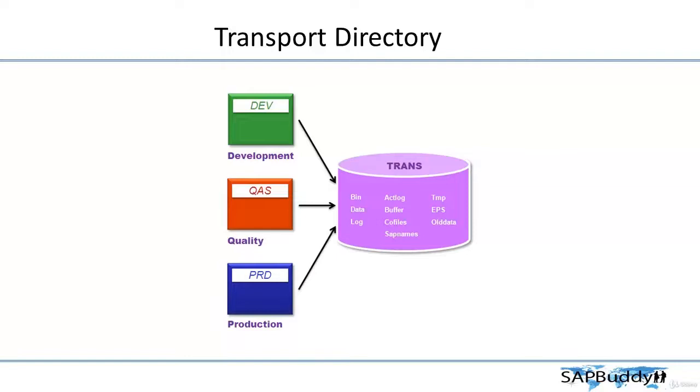Let's say if it is a Windows system, then we will use the SAP MNT share to call this particular directory. So if we go to our SAP system, we are logged in remotely to our SAP system.